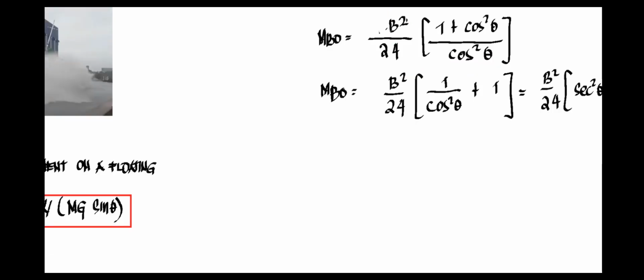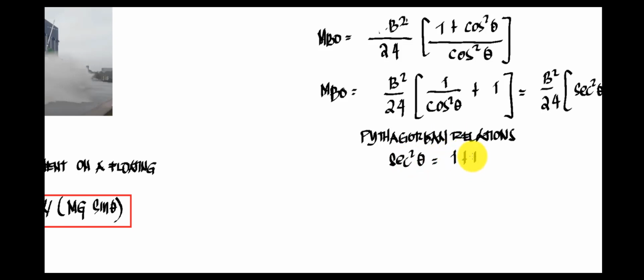Now from the Pythagorean relations, secant squared theta is equal to 1 plus tangent squared theta.